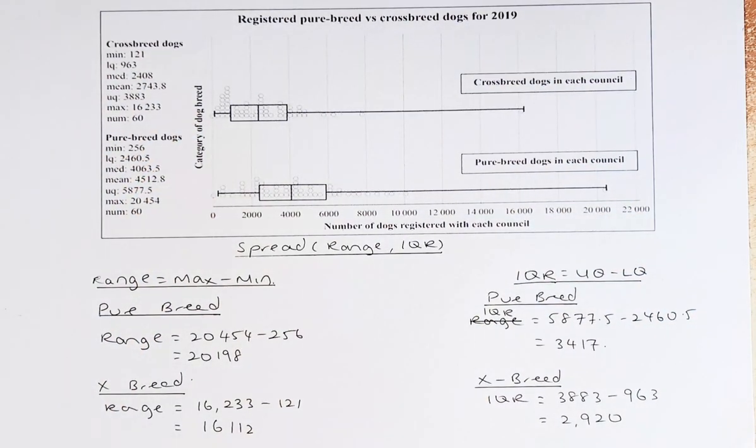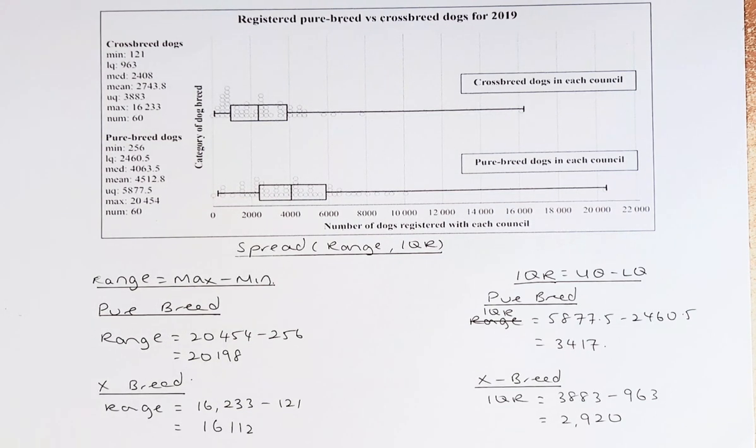Similarly, we are looking at the interquartile range. For level 1, interquartile range is more important than range. For the purebred, you find the upper quartile minus the lower quartile, found again on the left hand side of the graph. The upper quartile is 5,877.5 and lower quartile is 2,460.5, and the interquartile range for purebred is 3,417 dogs.